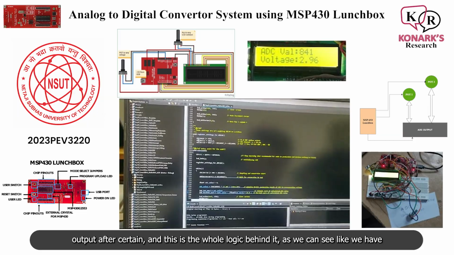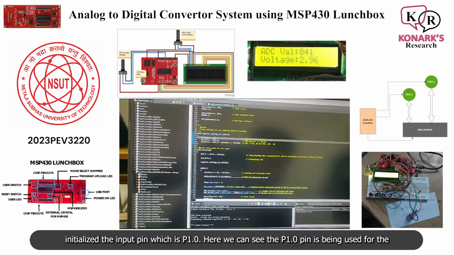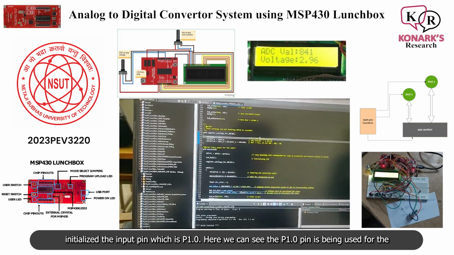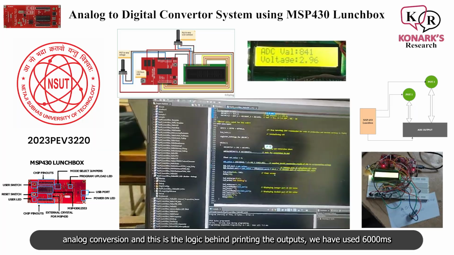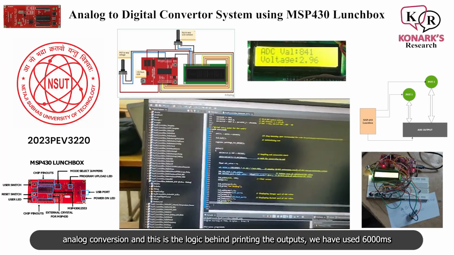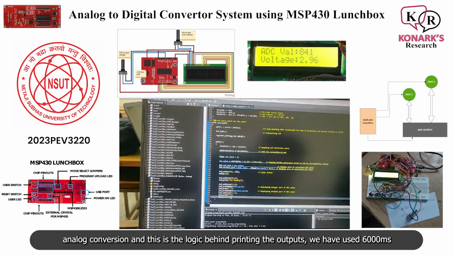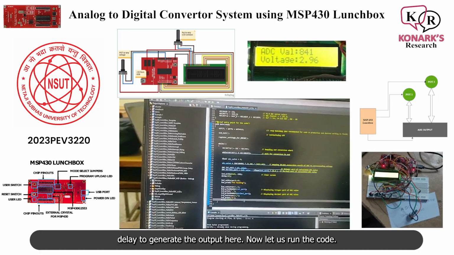As you can see, we have initialized the input pin, which is P1.0. Here we can see the P1.0 pin is being used for the analog conversion, and this is the logic behind printing the outputs. We have used a 6000 millisecond delay to generate the output here.